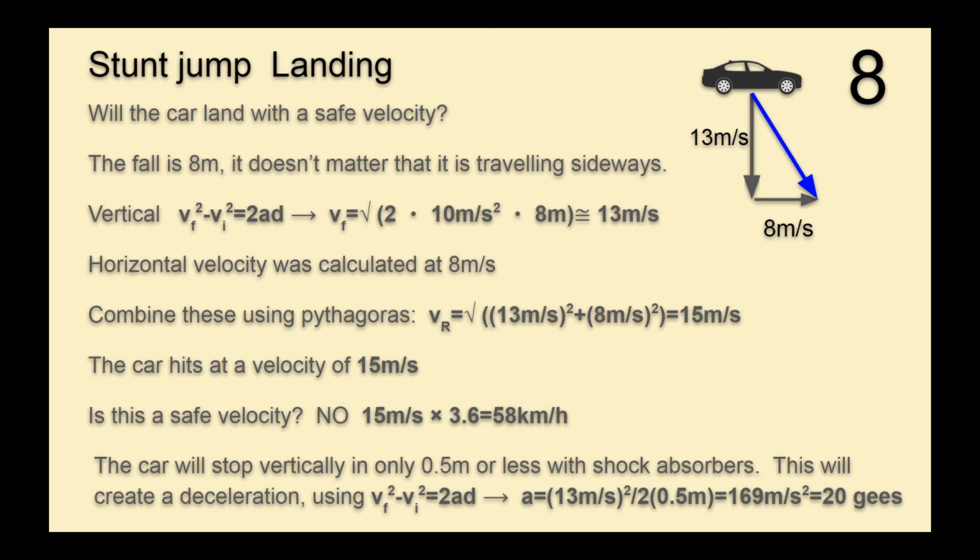So in the speaker notes underneath this screen, there is a clip from the movie The Punisher, which shows them doing a jump that is not nearly as high as the one I've calculated here. I've queued it up to the correct spot, and it will show you the lengths they had to go to to protect the driver from that sudden vertical deceleration striking his spine and putting him in a wheelchair.